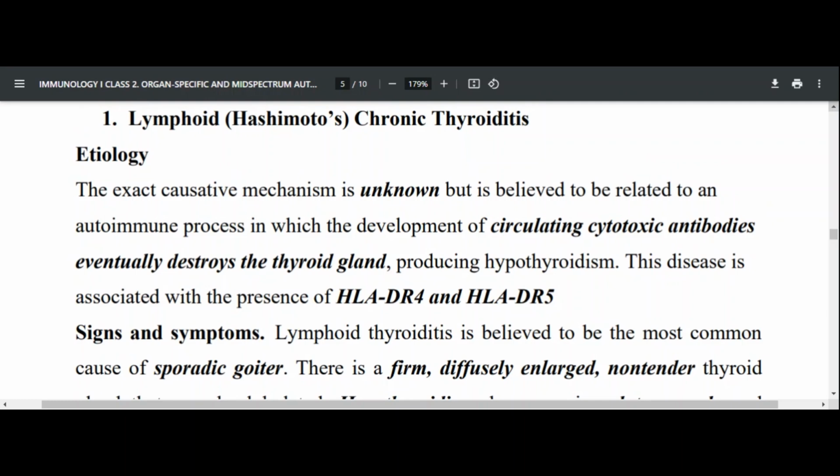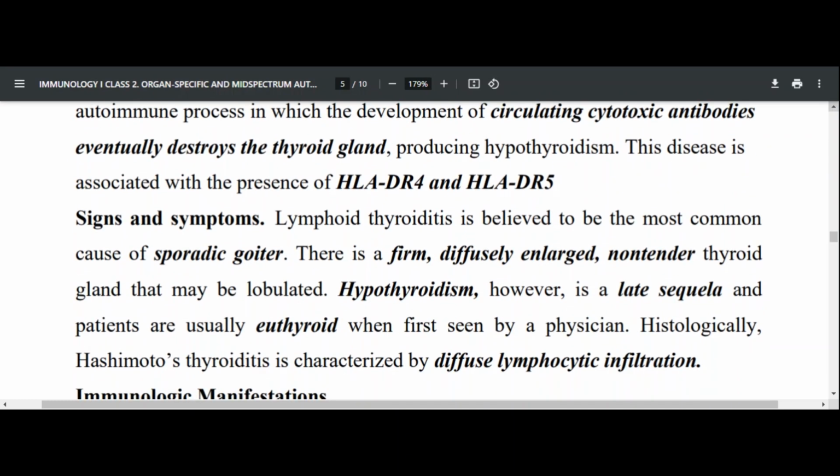Signs and symptoms: lymphoid thyroiditis is believed to be the most common cause of sporadic goiter. You remember that Hashimoto disease is of course associated with sporadic goiter, and there is also a firm, diffusely enlarged, non-tender thyroid gland that may be lobulated.